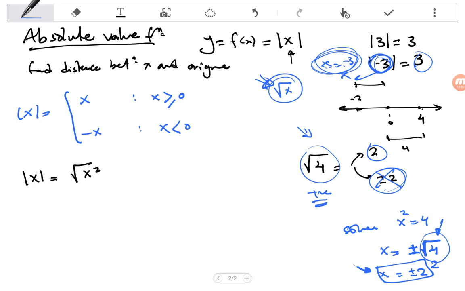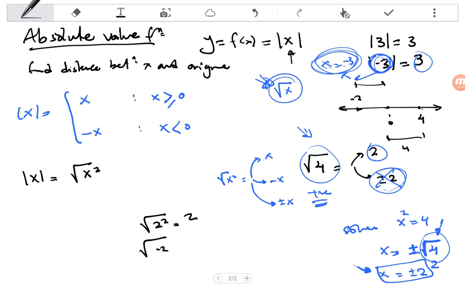Okay? Now, if I told you I need to find the square root of x², would that be x, or -x, or plus or minus x? X. For example, if I give you square root of 2², the result will be 2.